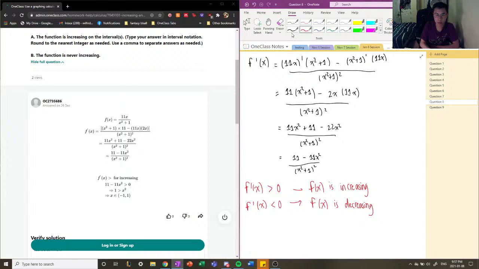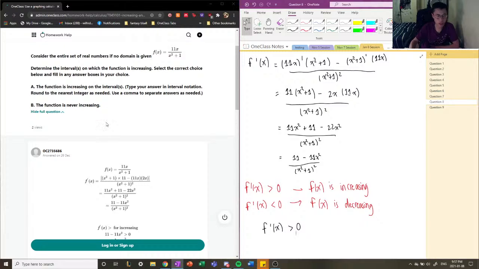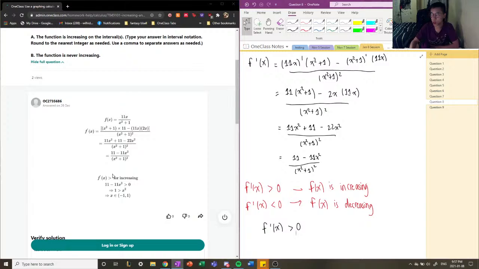Okay, so going back to our question here, we want to know when f prime of x is greater than 0, because we want to know when our function is increasing. Either our function is increasing or the function is never increasing. If the function is never increasing, that means that f prime of x is always less than 0 for all x on the real number set, okay?